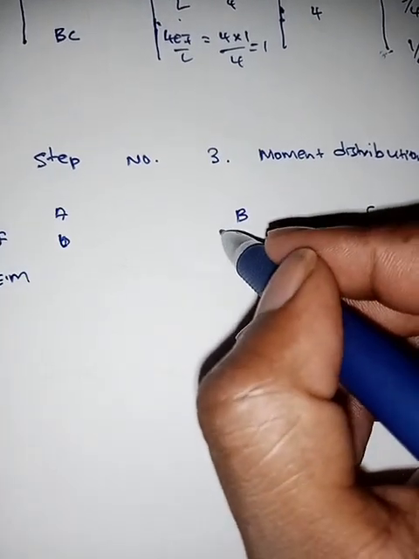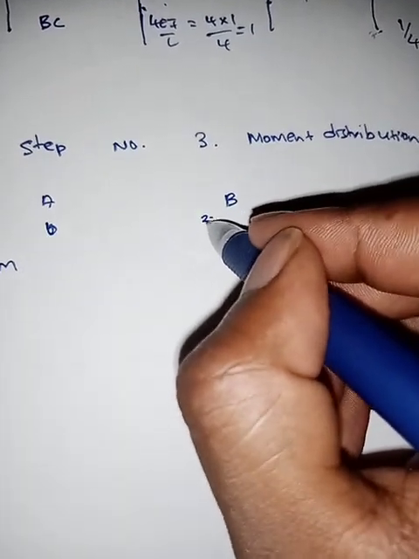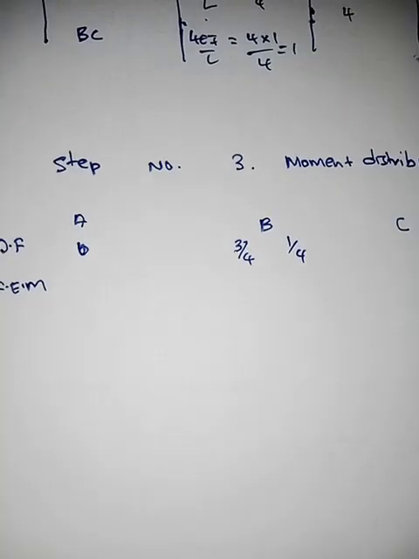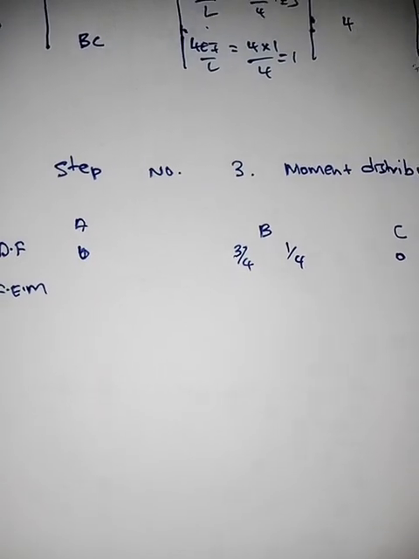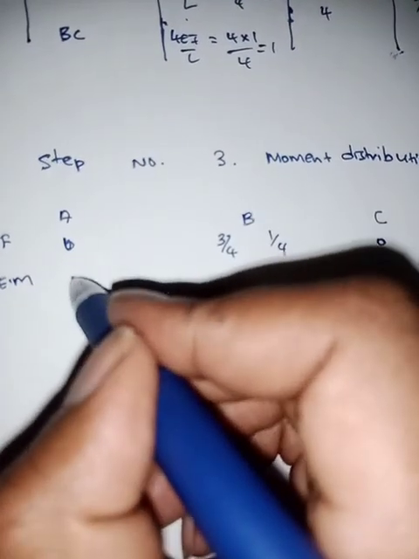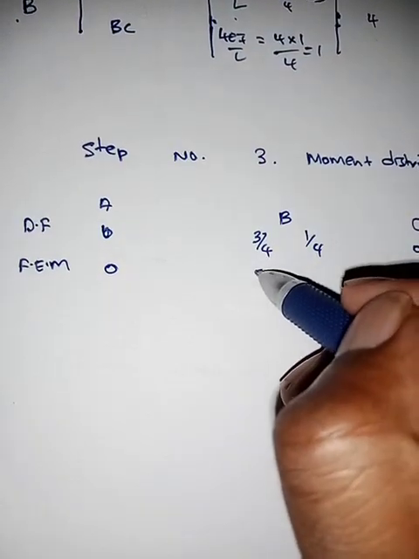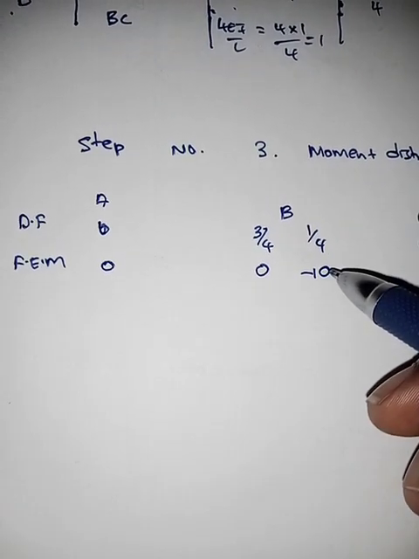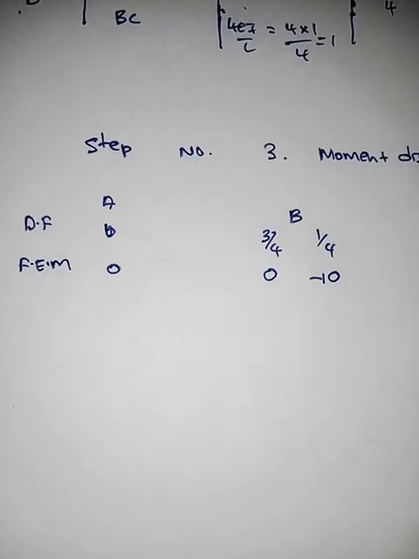Here there are 2 at this joint, so you have 3 over 4, 1 over 4, and here of course it is 0. So the fixed end moment here is 0, this one is 0, this is negative 10, and this is of course 10.